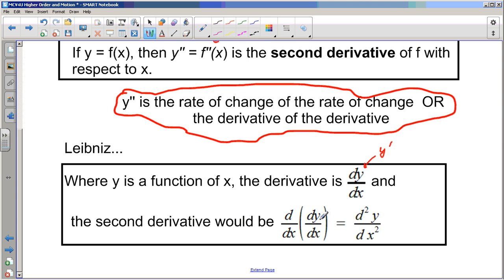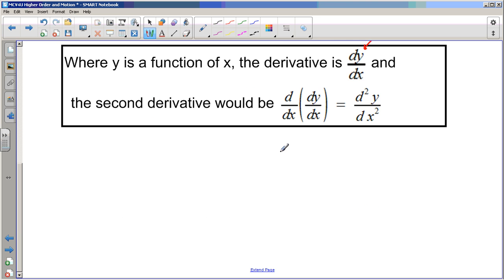The way Leibniz simplifies that is this double dy over d of x squared. These aren't exponents here. This is the number of times we've taken the derivative, the second derivative. So what would it be if it was the seventh derivative? Why would we take the seventh derivative? Just for funsies. Okay, the seventh derivative of y with respect to x would look like that.